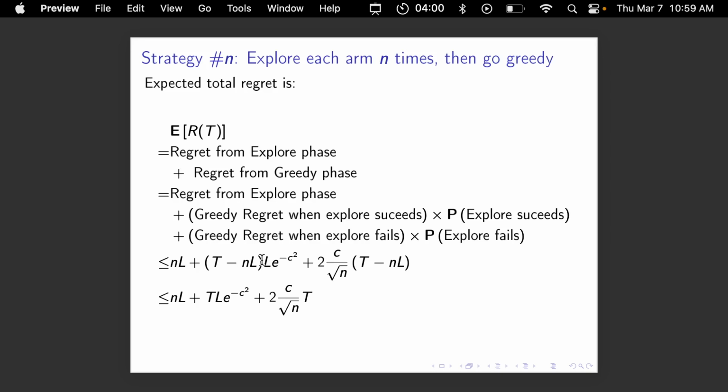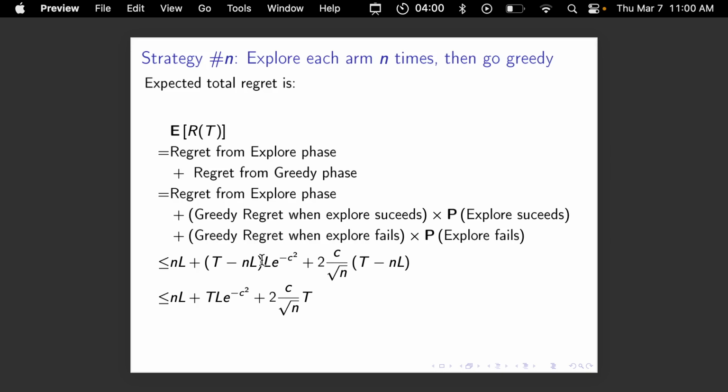The reason we had this e to the minus c squared, technically it's by Hoeffding's inequality, but it really is because we can approximate the average by this normal distribution, and we said exploring succeeds means you're within negative c over square root of n to plus c over square root of n. And so what is the probability of the exploring failing? It's the tail distributions, which are like e to the minus c squared. So it's like an inequality version of the sampling distribution being close to the true distribution. That's exactly right. Very good question.